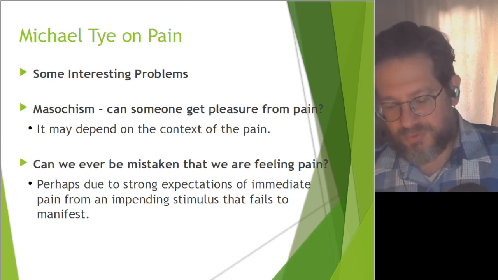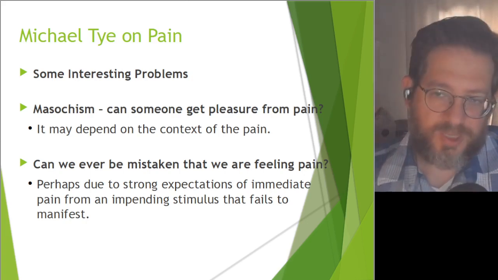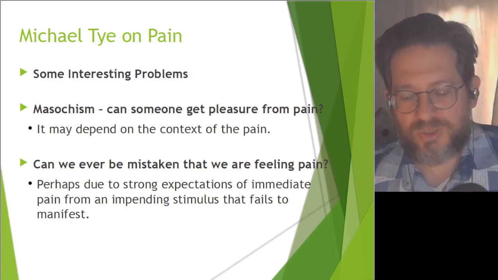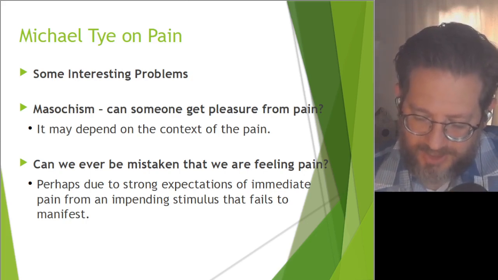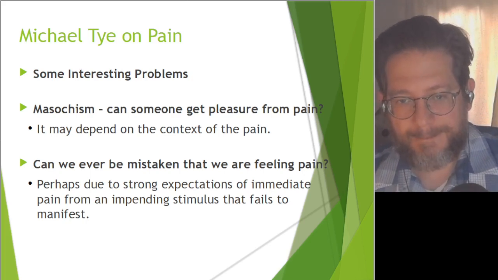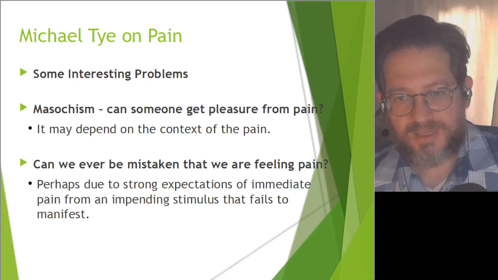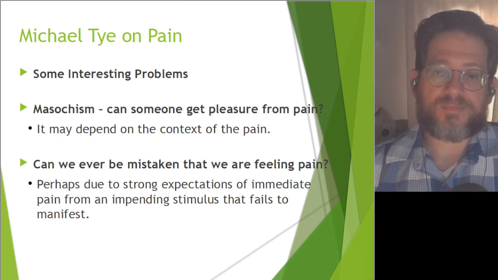And the last problem is, can we ever be mistaken that we are feeling pain? Because when Ty says before that if you are feeling pain, you're feeling pain. That's all that matters for pain. This is when he was treating it more subjectively, that pain is a feeling. So if you have that feeling, you have pain. So could you ever be mistaken then that you're feeling pain? And now he says, well, maybe you could be.